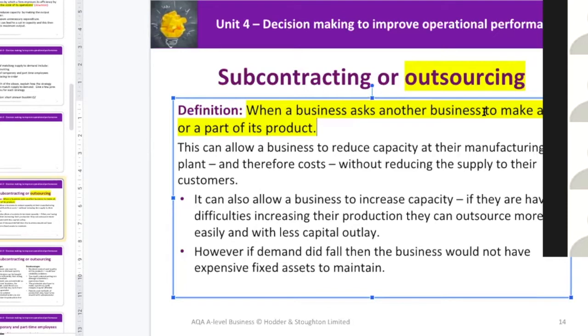Maybe their factory is somewhere in Southeast Asia, so the labor will normally be cheaper than in Western countries as well. So when they are trying to outsource, they are trying to reduce their capacity, reduce their cost. That's the main purpose of outsourcing.